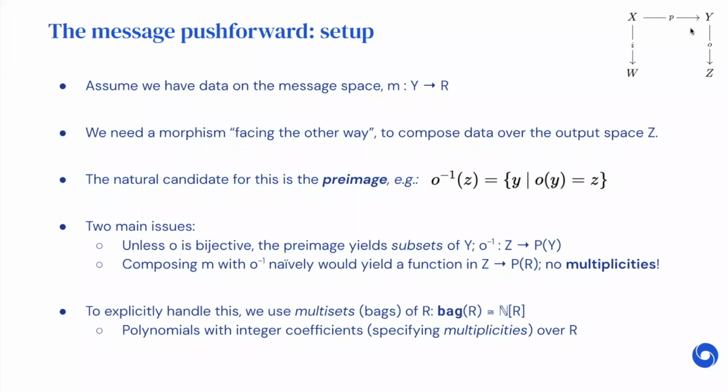So to explicitly handle this, we represent this as multisets of R, or bags, which is isomorphic to polynomials with integer coefficients over R, where the integers just track how many times you have each one of these messages in the bag, okay?